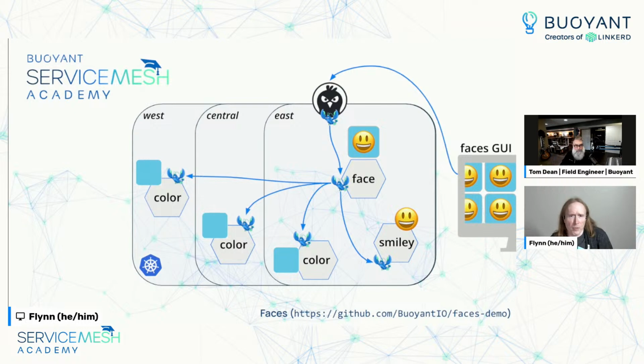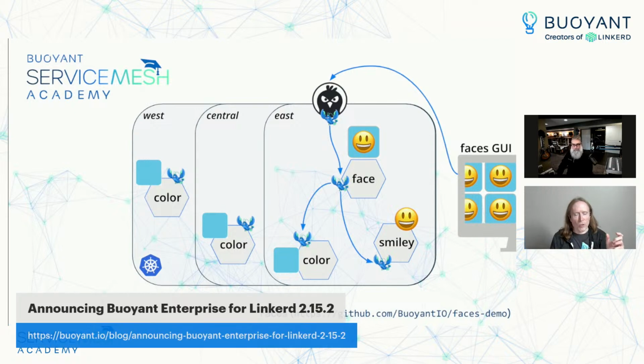Unfortunately for us in practice, it's usually more expensive to go and talk outside of our zone. So what HAZL does is it gives us this option where we can just keep, if the face workload is running in the east zone, it will always talk to the color workload in the east zone, unless something goes wrong. And the unless something goes wrong part there is the really important part of what HAZL is doing.